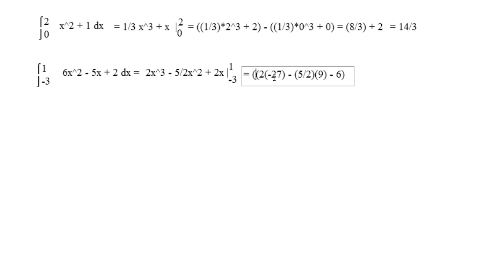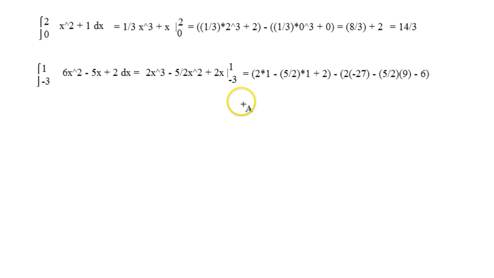Sometimes I accidentally do the first part last and the second part first. Okay. So the first part is going to be 2 times 1 cubed, which is 1, minus 5 halves times 1 squared, which is 1, then plus 2, then we'll minus those together. Just work our way across.